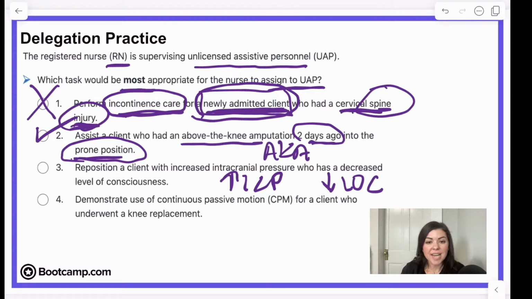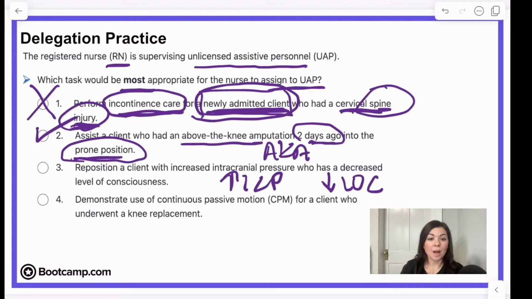Is it a routine task or basically a task that poses no risk to reposition a client with increased ICP or at risk for increased ICP? What do we think? What happens if we position them in a supine position or we put the head of the bed too low? Can something bad happen? Yeah, absolutely. We can make that intracranial pressure increase even more. So this is actually very risky. It's not a routine task to reposition a client with increased ICP.